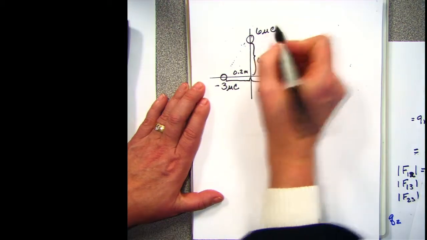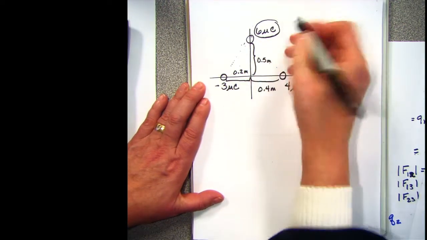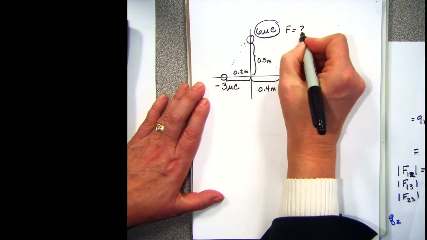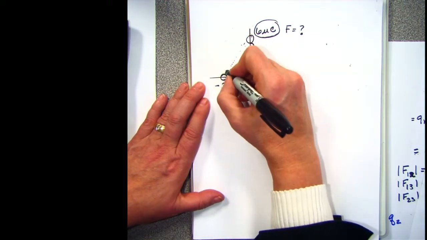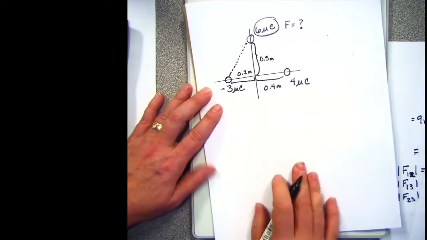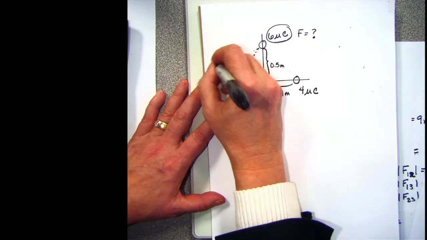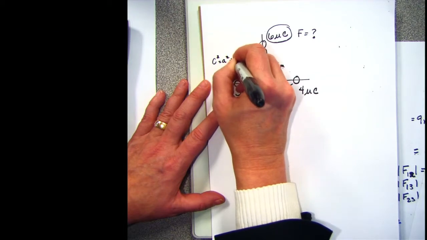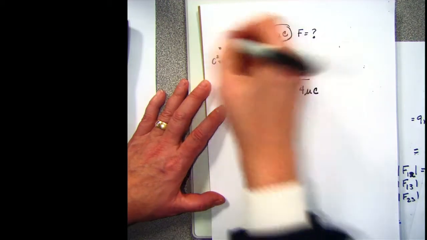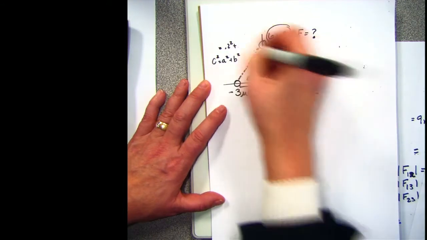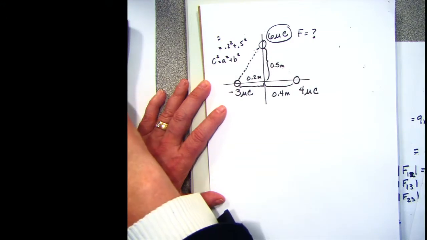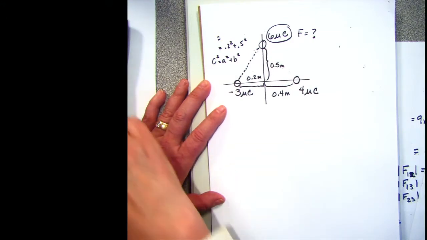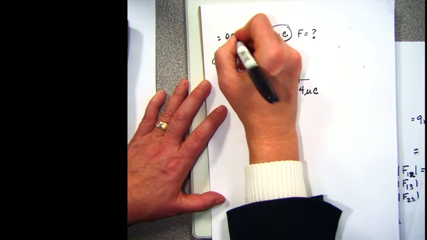This time we want to find the force on this charge due to this configuration. So now I've got to do some quick arithmetic here. I got to figure out that side. So this side is c squared is equal to a squared plus b squared. That's going to be my 0.2 squared plus my 0.5 squared. Which if I do that, 0.2 squared plus 0.5 squared gives me 0.29.